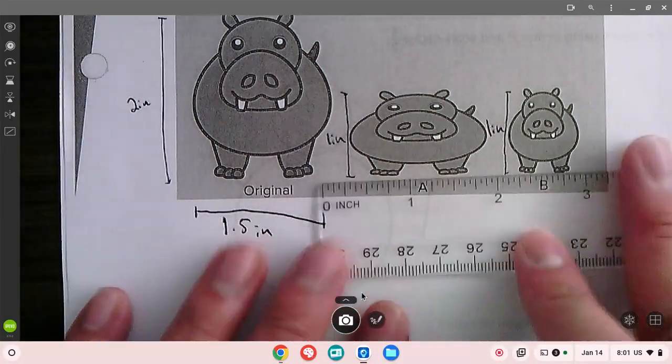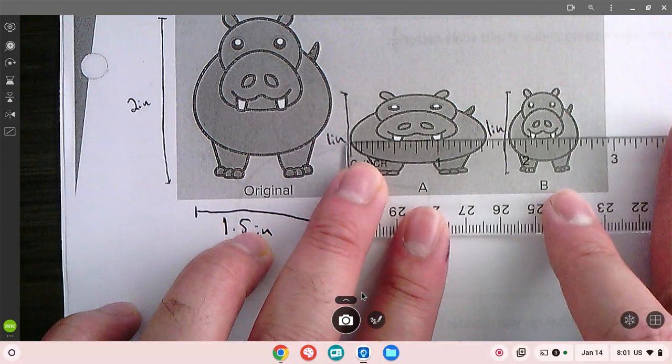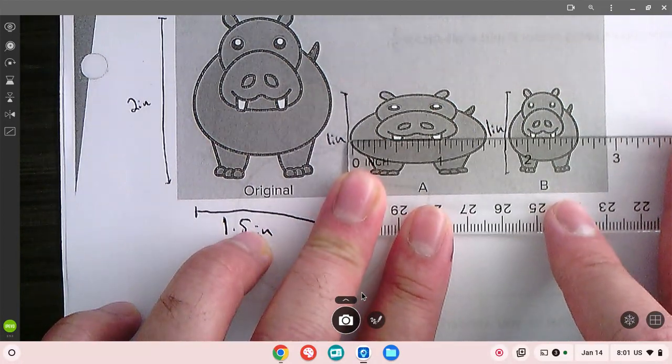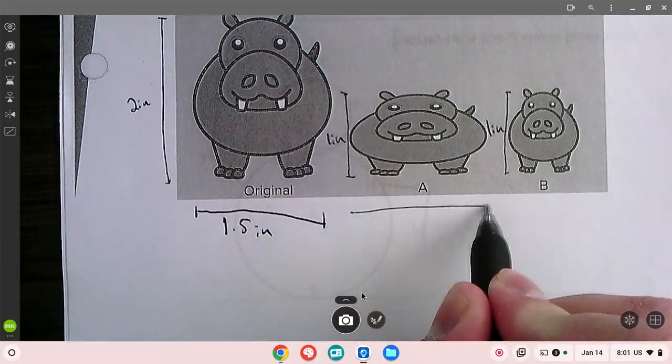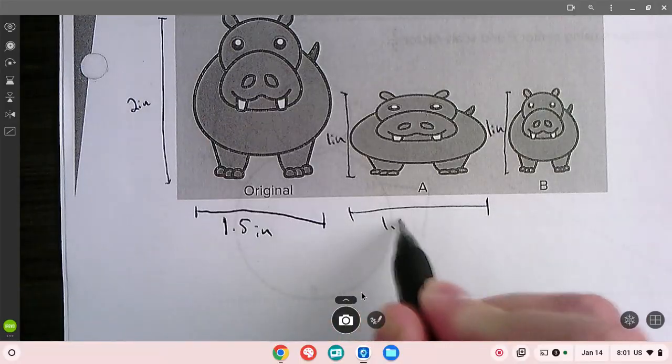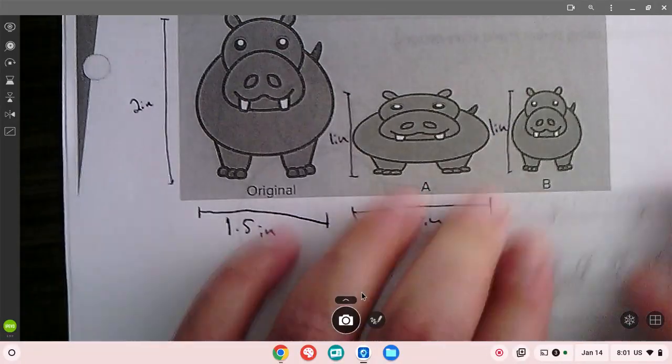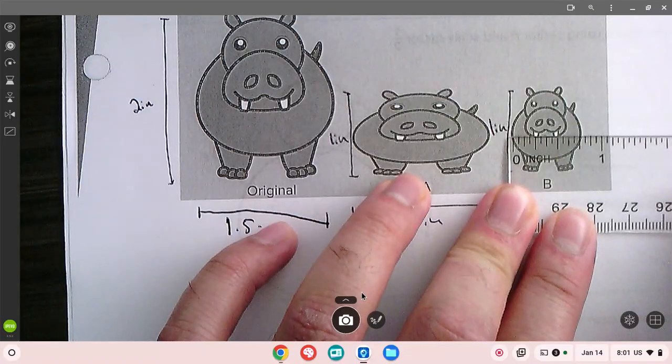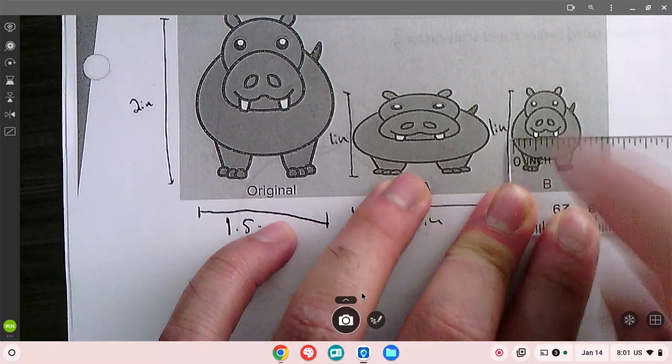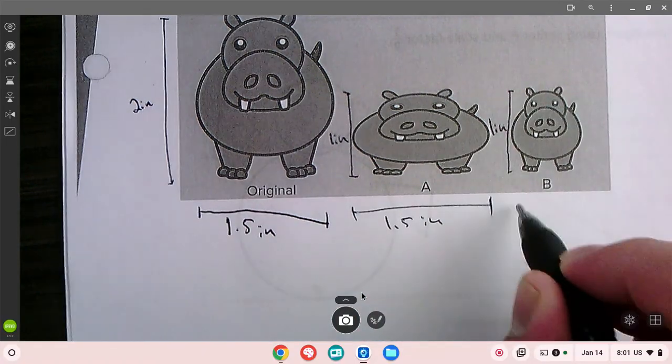Okay, let's measure the wide hippo. It is also 1.5. And then let's look at the smaller hippo, which is actually about 3/4 of an inch.